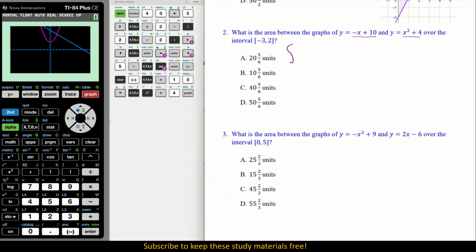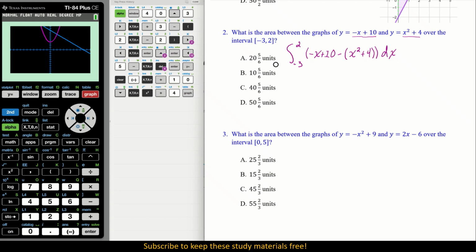There's our integral, and it's from negative 3 to 2, and we take negative x plus the 10, and then we subtract the x squared plus 4, double parentheses, and the dx.